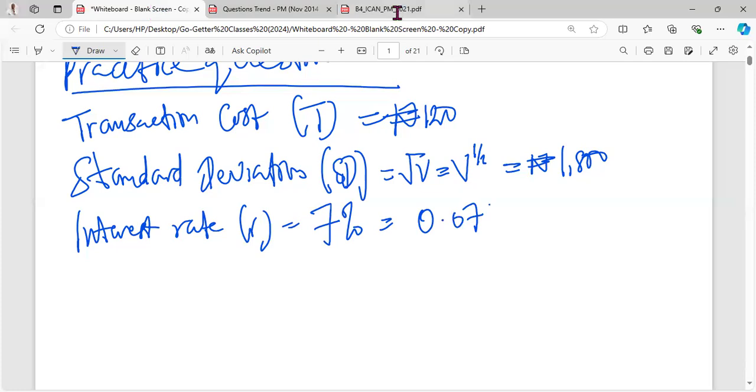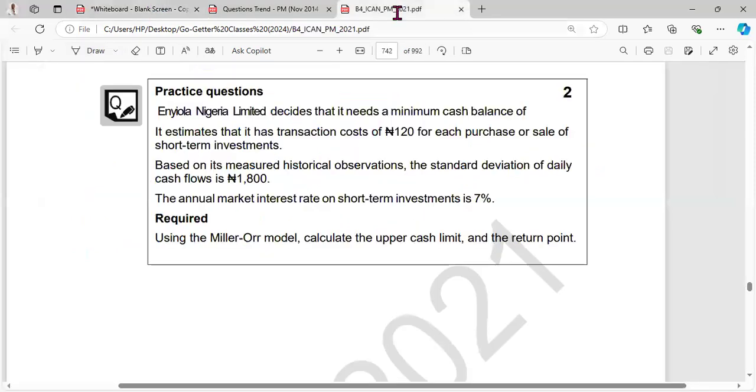Now this is per annum. Now, this is standard deviation of daily cash flows. So there will be need for us to bring this from annual rate to daily rate.